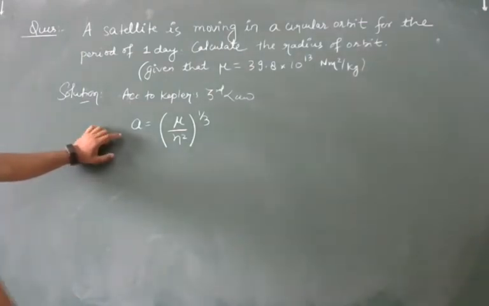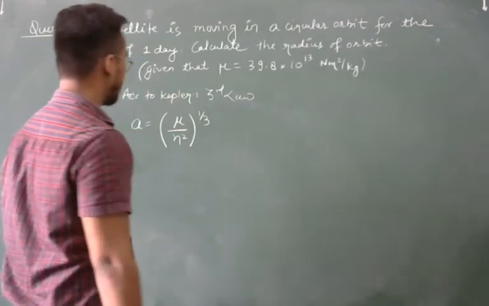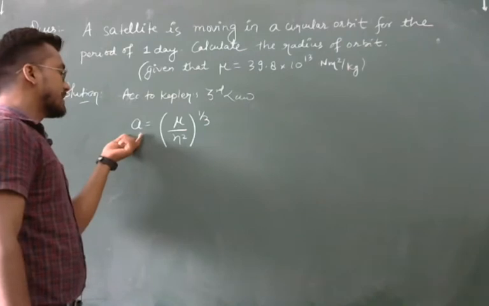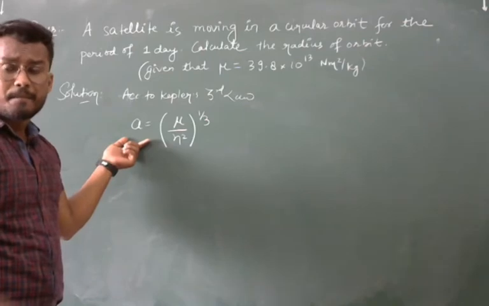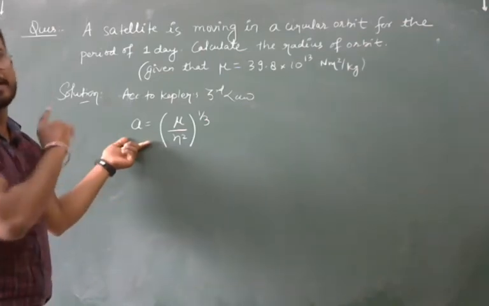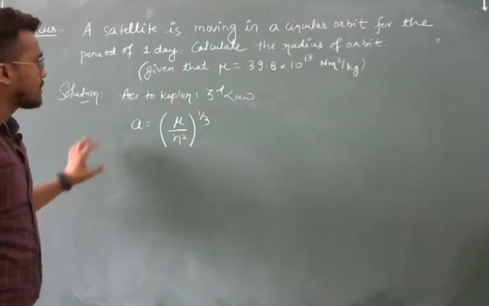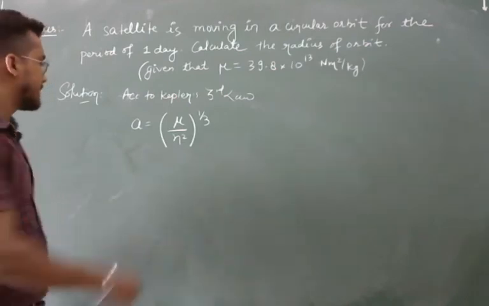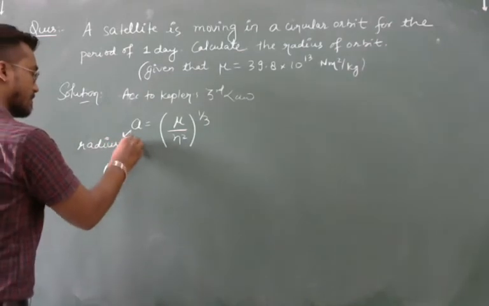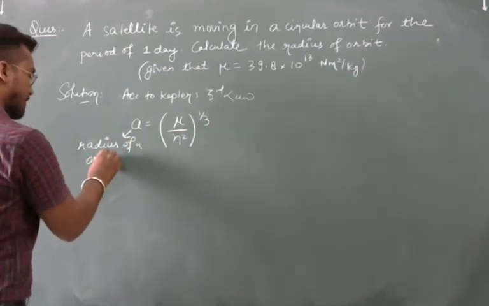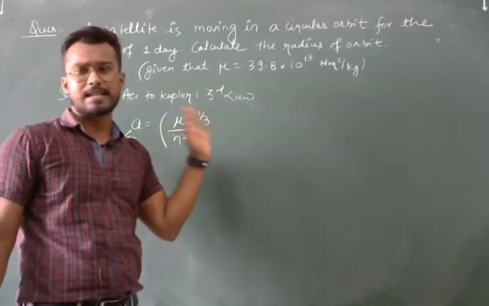This is Kepler's third law. What is this A? This A is not the perigee point, but it is the same as the perigee because the orbit is circular type. We will call it the radius of the orbit. This A is the radius of the orbit, which we have to find out, and this can be done with the help of Kepler's third law.